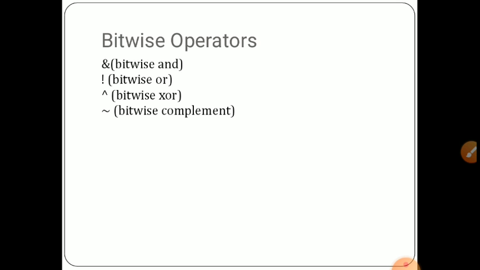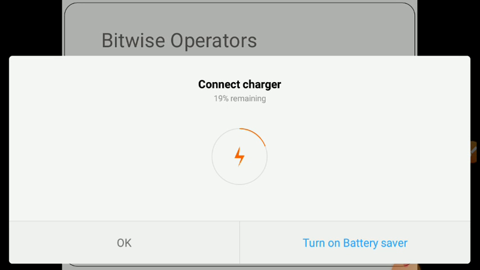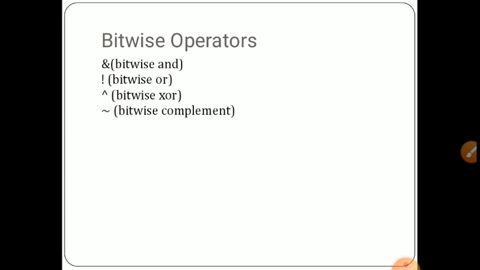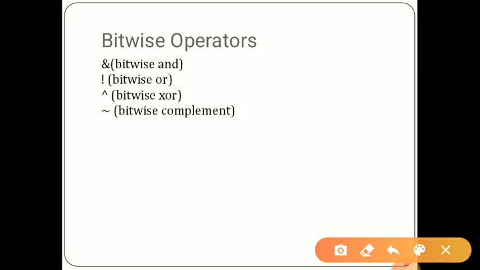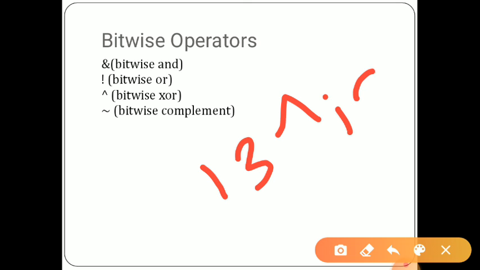It means if exactly one value is true, then it will return true. For example, if I take 13 XOR 12, it will return 1, because it is a true value.